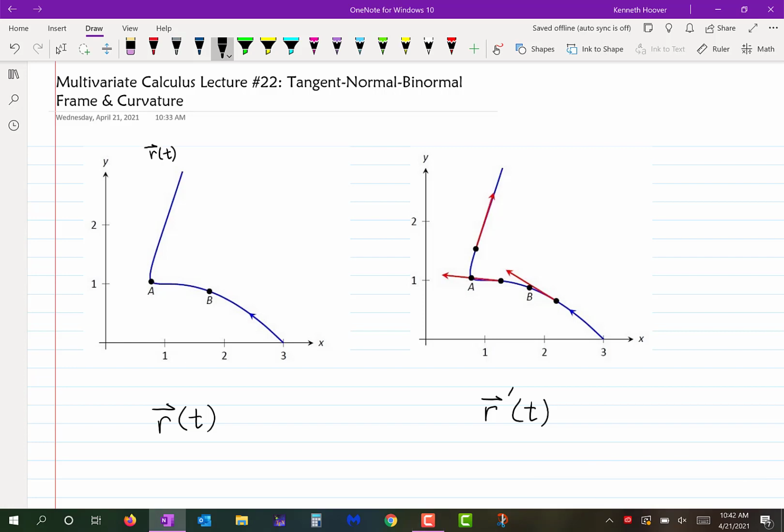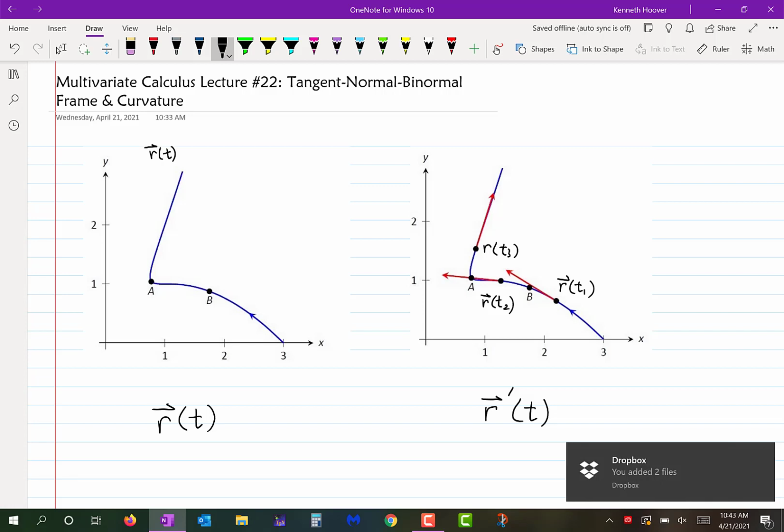Okay, so if we did this, let's just suppose here, for those 3 points, let's call them R of T1, R of T2, and R of T3. Let's say those are those three black points. I'm ignoring the points labeled A and B, okay, because they don't have tangent vectors emanating from them.